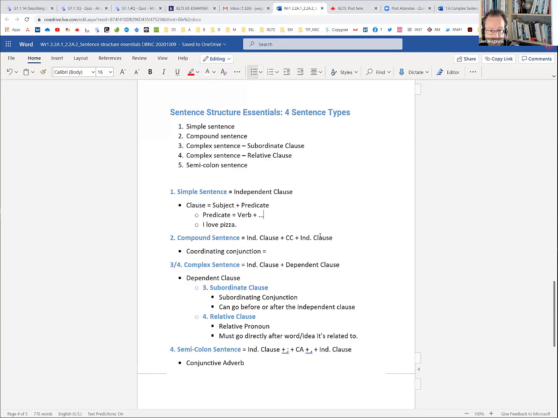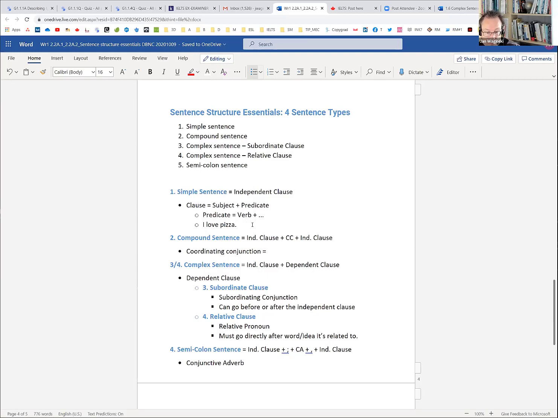So in the example sentence, I love pizza is the predicate. The verb is love, pizza is the object. So just to be crystal clear, I is the subject, love is the verb, pizza is the object. Okay, so this is an independent clause. It's a simple sentence. It can stand by itself. It makes sense by itself.